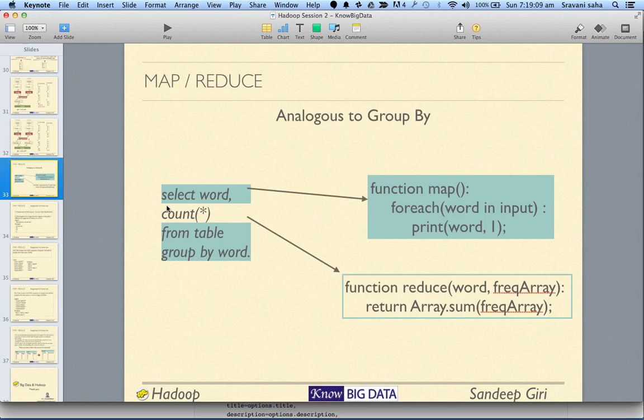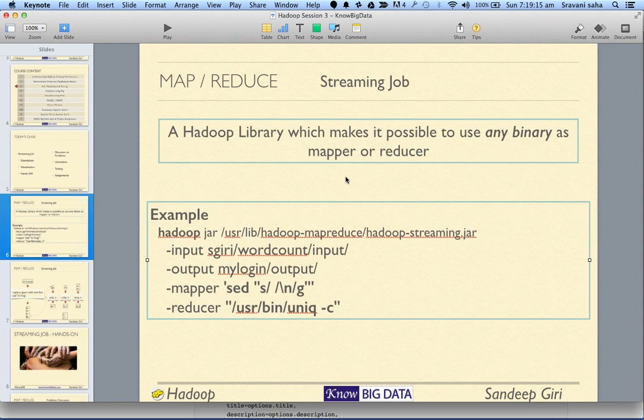So this is the quick recap of MapReduce. Now, most of us think that for MapReduce you need to write everything in Java, but that was true in the beginning of Hadoop. Very quickly, people created something called the Hadoop streaming jar.